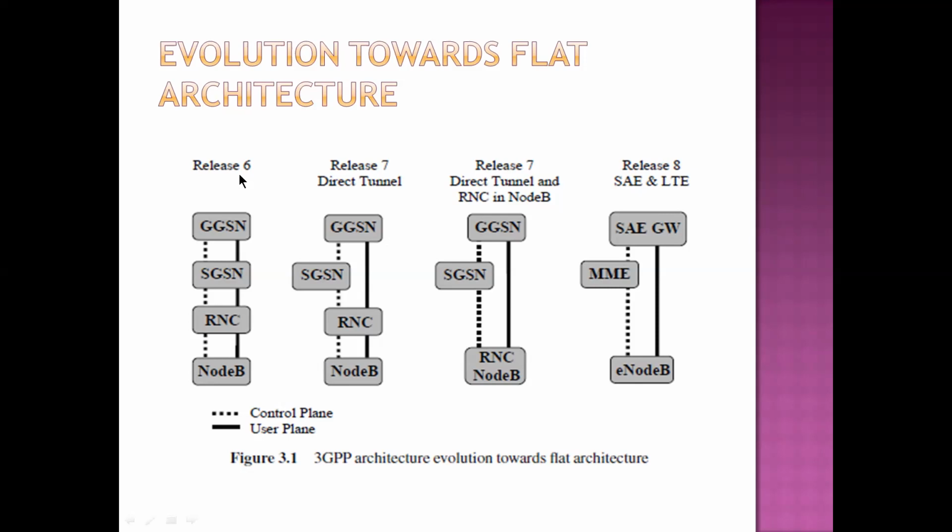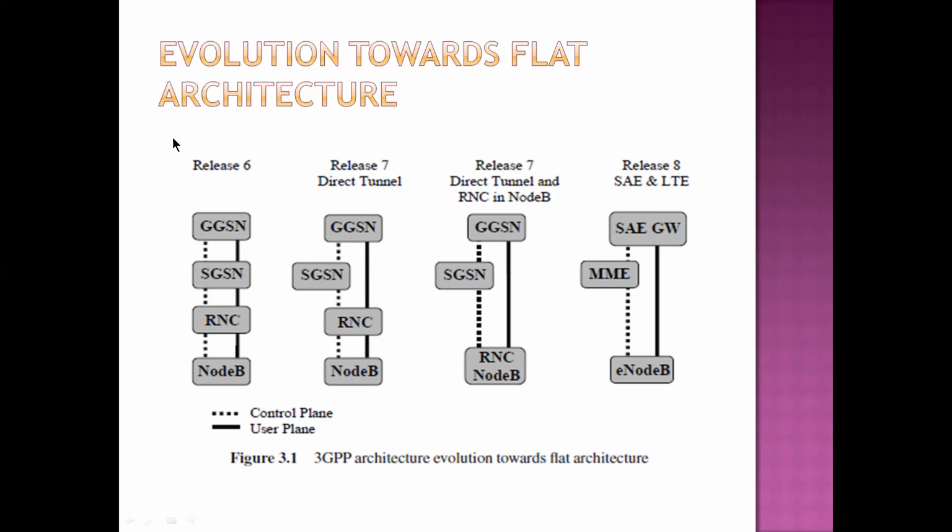Releases are from when the 3GPP body was formed, around 1999. They have released different documents. If you go to the 3GPP website, every year they release documents with new features or functionalities which have to be developed in the UE as well as the eNode B or any network entity like MME, S gateway, P gateway.